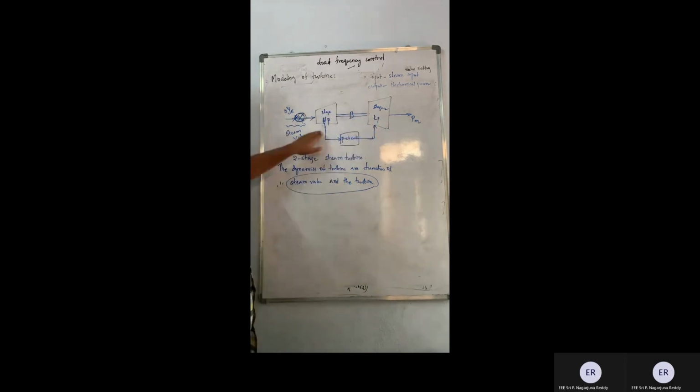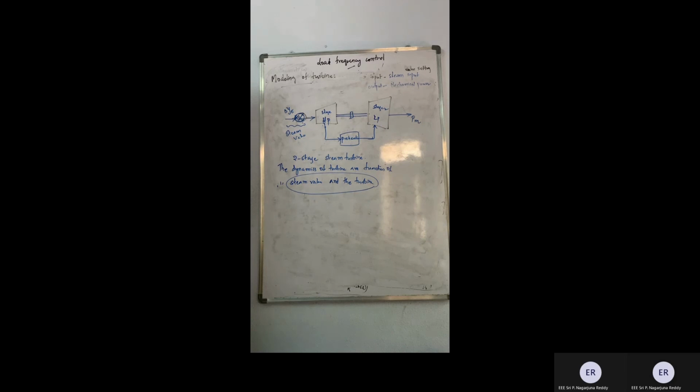The first one is the high pressure steam, the other one is the low pressure steam. Now this preheater, which is considered as your storage element, causes the output of the low pressure steam to lag behind the high pressure steam.